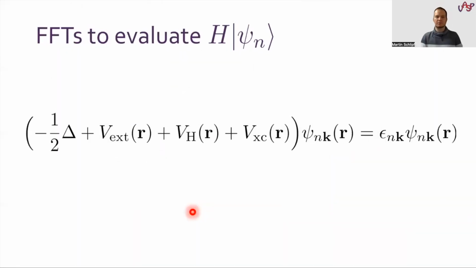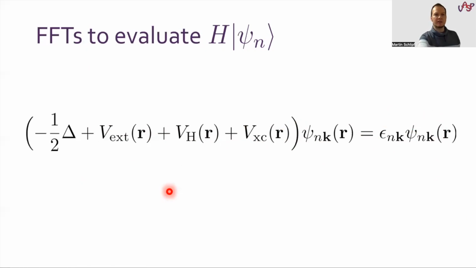So let's focus on the tasks at hand. What we want to solve in density functional theory is this Kohn-Sham equation. So we have the kinetic energy, external potentials, and here the exchange correlation potential applied to an orbital gives you the eigenenergy of this orbital. And to do this in practice, we frequently change between real space and reciprocal space.